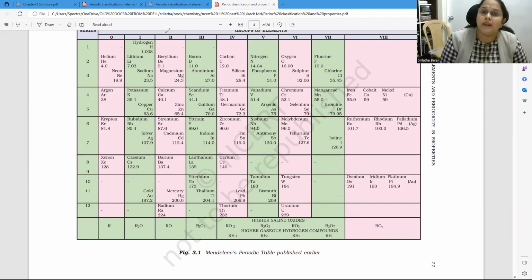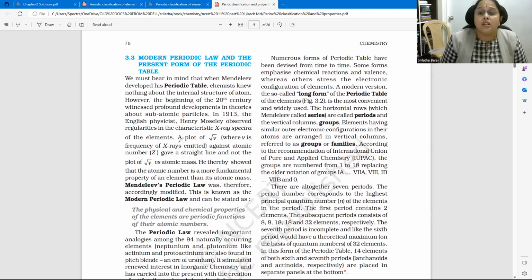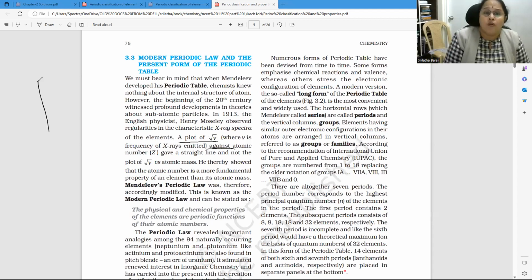Yes, ma'am. Now our modern periodic table. What is replaced in the modern periodic table? Atomic mass is replaced by atomic number. So why have they taken atomic number? Because the X-ray spectrum is something that you have to focus on. The plot is root nu versus Z, where nu is the frequency of X-rays.